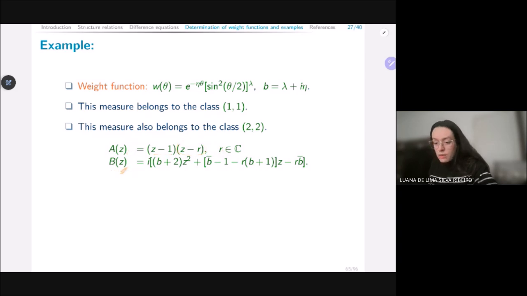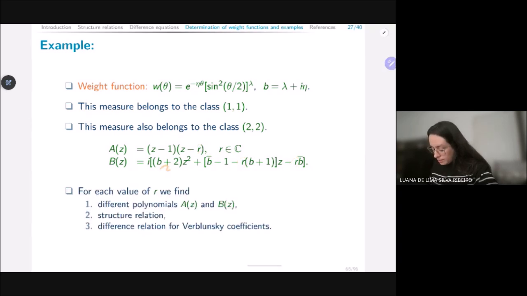The coefficient B that appears in the Pearson-type equation will be a polynomial of degree 2, which also depends on this R. And the B here is this complex number that depends on the parameters eta and lambda. So for each value of R, we have different polynomials A(z) and B(z), and we obtain different expressions for the structure relation and also for the difference relation for the Verblunsky coefficients.